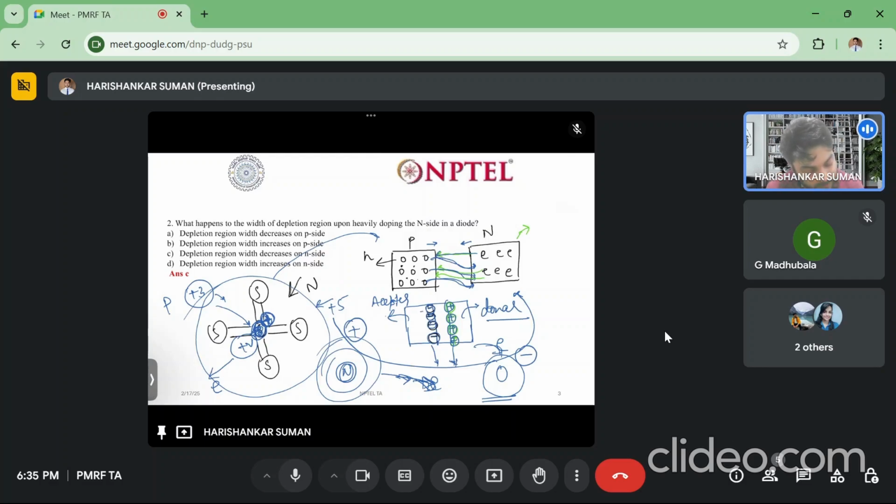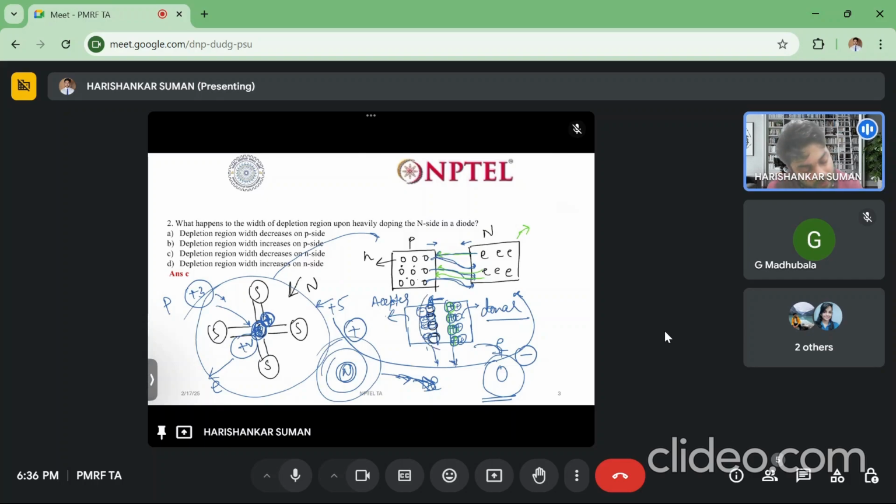Initially they diffuse from some region up to some region. Then what will happen? Why can they not go further? Because of the potential gradient: these are positive, these are negative.